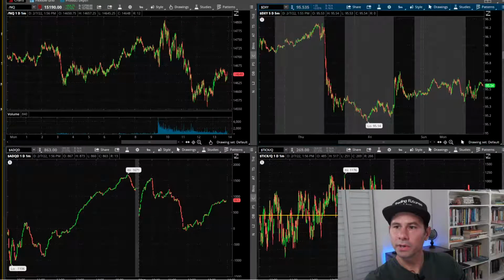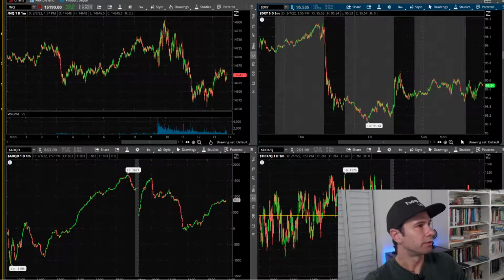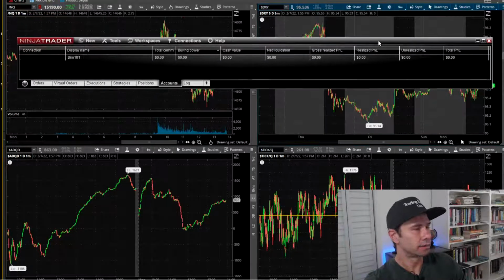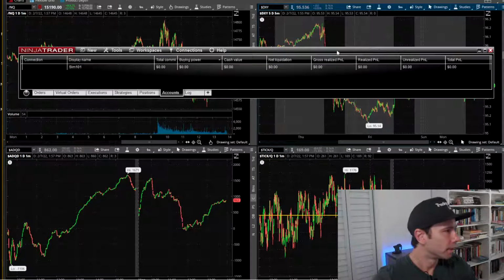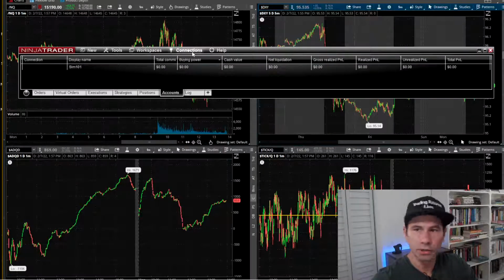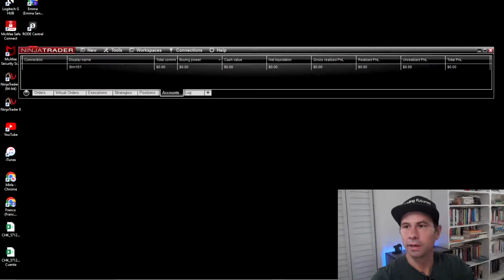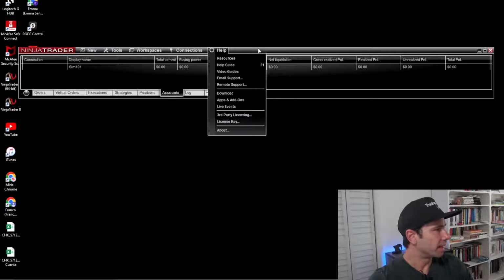So the first thing we're going to do is I'm going to bring up my NinjaTrader here, right? This is the control panel for NinjaTrader. Do you guys see it? Let me get rid of this one. All right. So I am going to download the data.